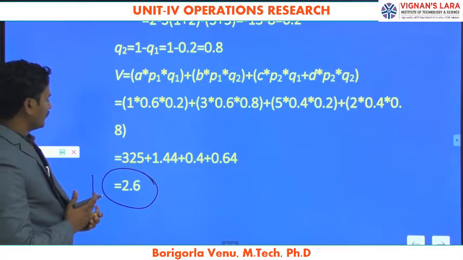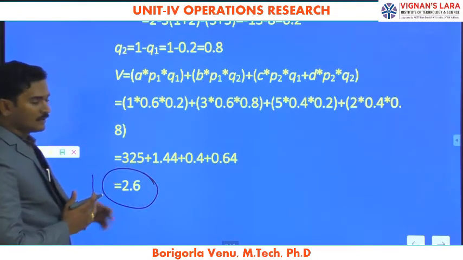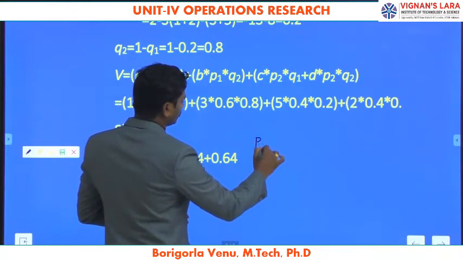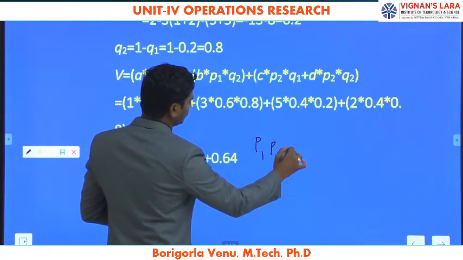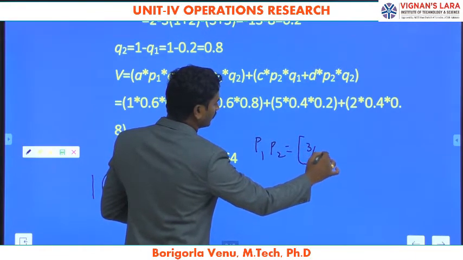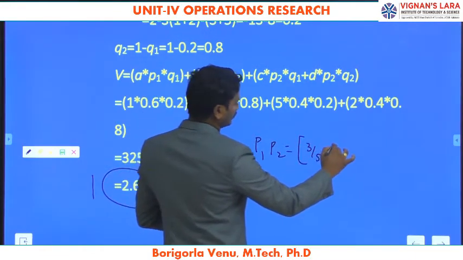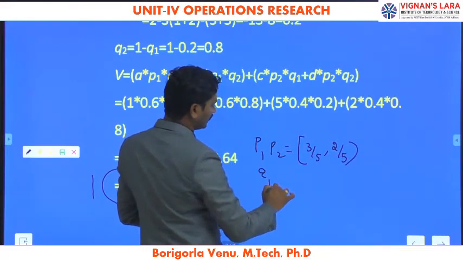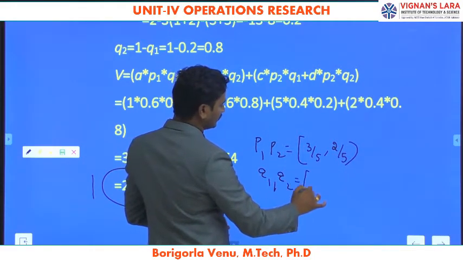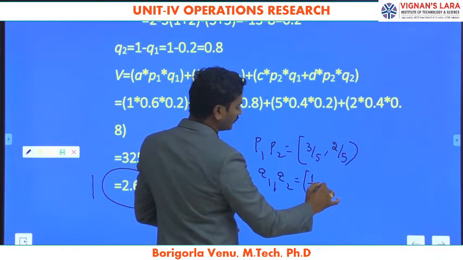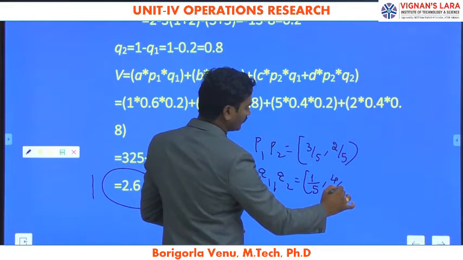Here, the value of the game, and the strategies chosen are: P1, P2 is 3 by 5, 2 by 5, and here Q1, Q2 are 1 by 5, 4 by 5.